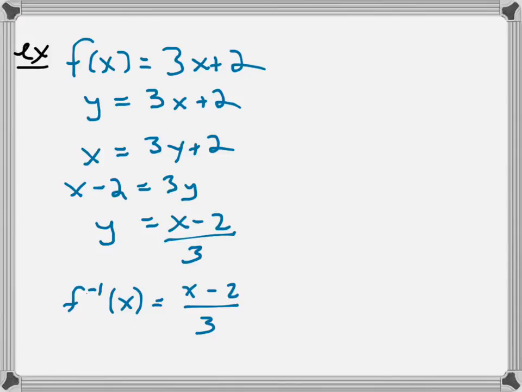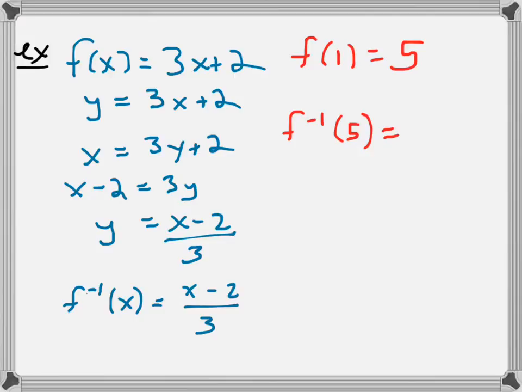Let me just really quickly explain a little bit more here. Let's use this function and find what f of 1 is. So I'm putting 1 in for x. That's going to be 3 times 1 plus 2, so that's 5, right? So the idea now is, if I were to put 5 into my inverse function down there on the bottom, it should spit out 1.